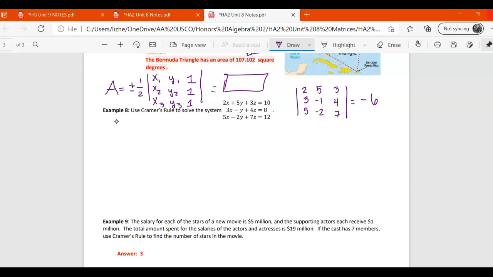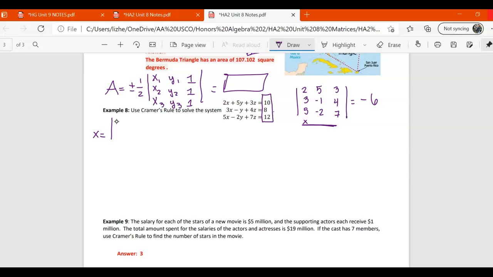Okay, so now let me just check my numbers. 2, 5, 3, 3, -1, 4, 5, -2, 7. Okay, so the determinant is -6. And so now I'm going to want to find x. So what I do is I'm going to find the determinant, and using this matrix, I'm going to rewrite that matrix here, but for the x's, I take out the x's and I put in my constant matrix.